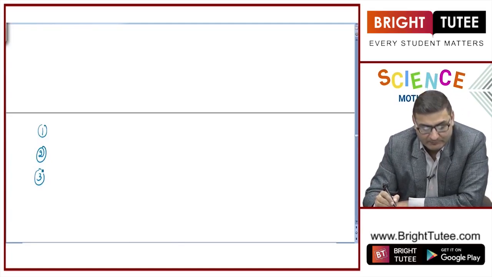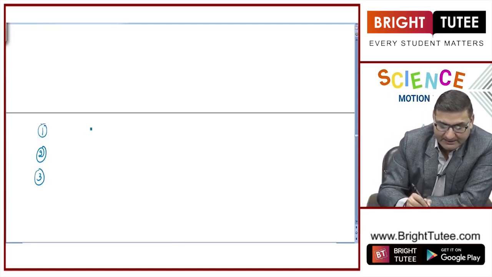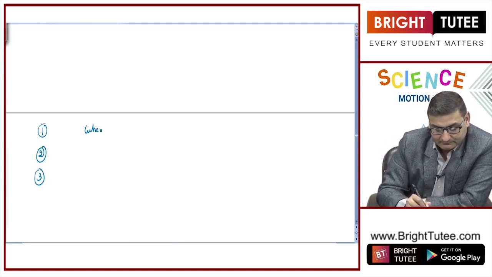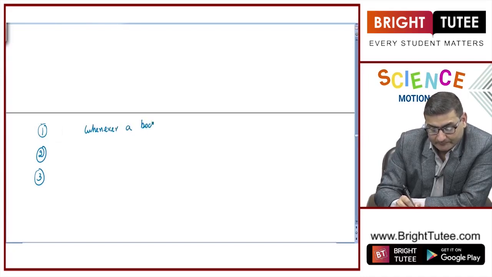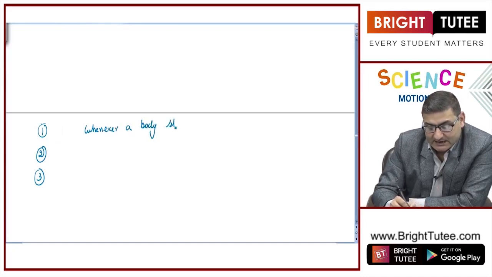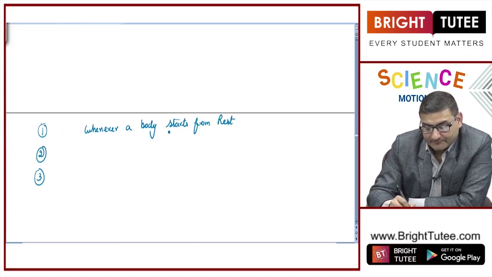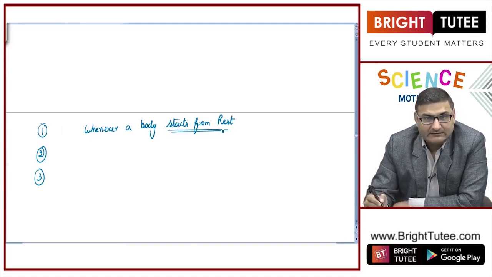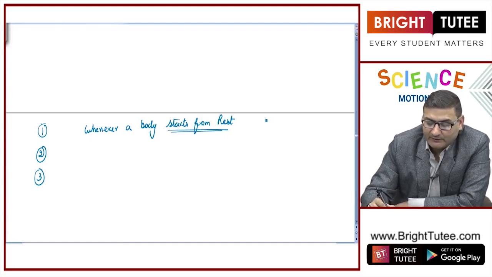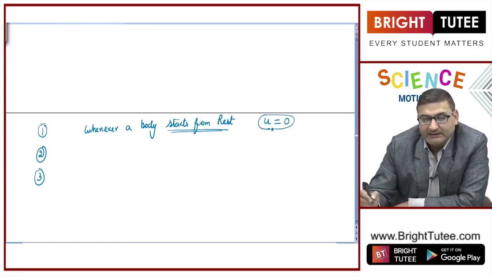First thing, you must have been knowing that whenever a body or an object starts from rest or from a stationary position, we will always take u to be 0.